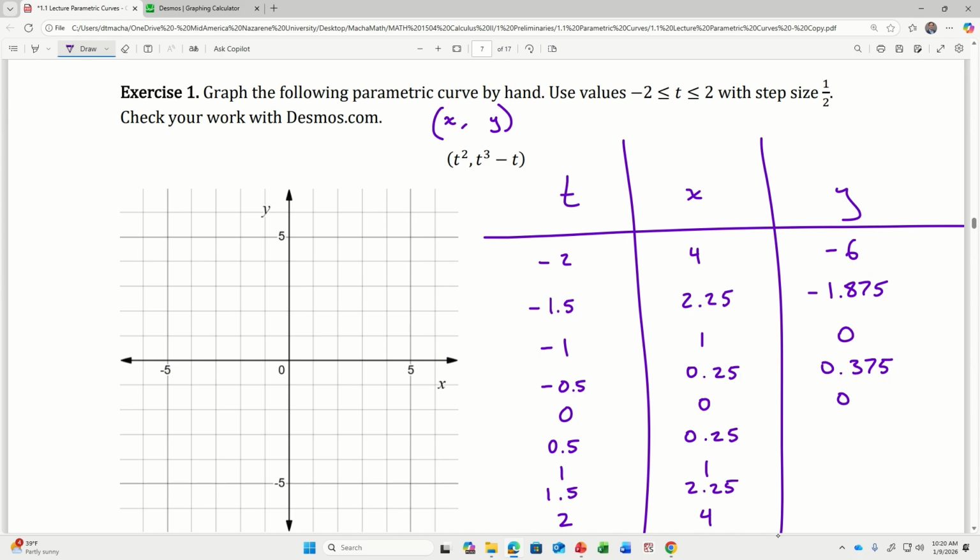And since this is an odd function, I should get the same values back, but with a minus sign in front. Or what I mean is flip the plus or minus sign. So now this is positive 1.875 and positive 6. There we go.